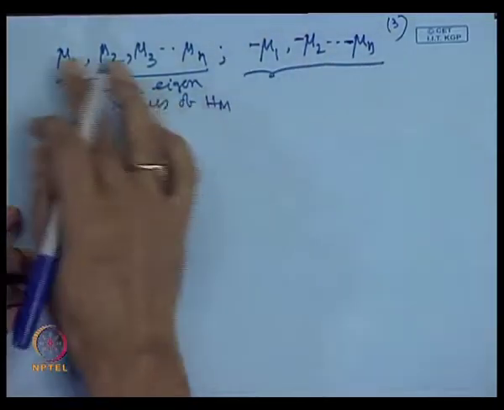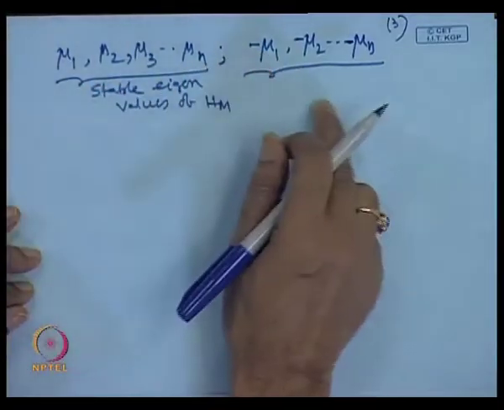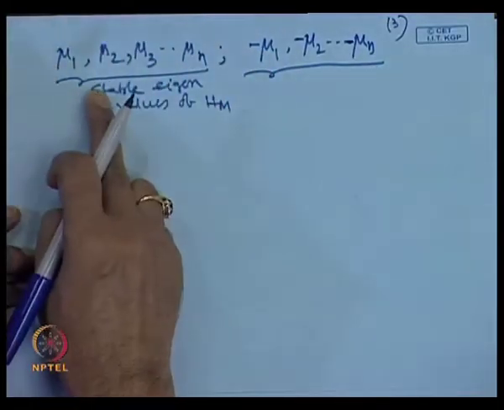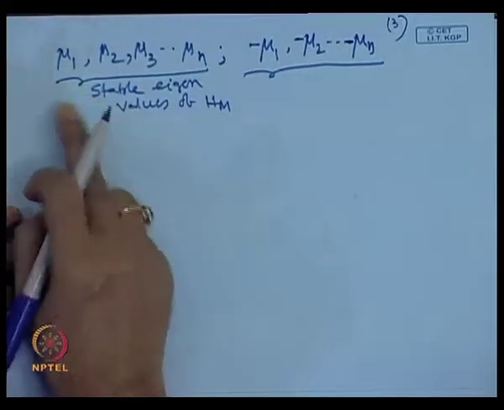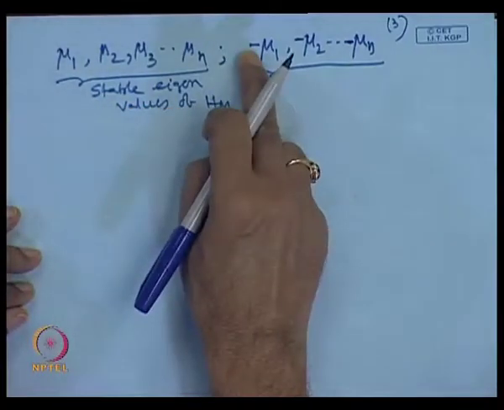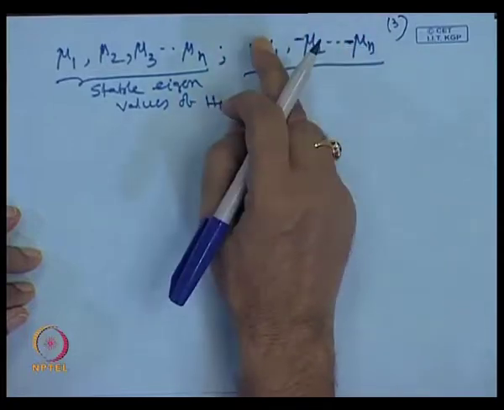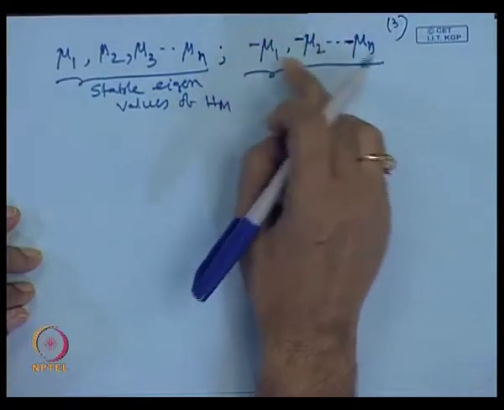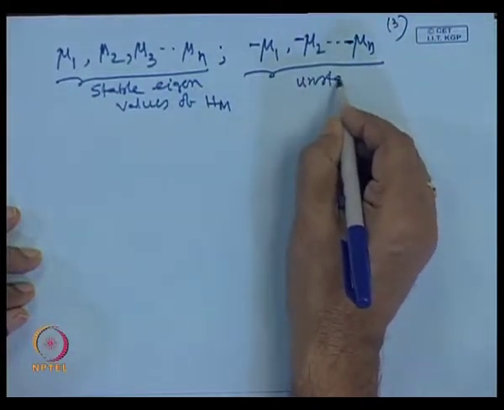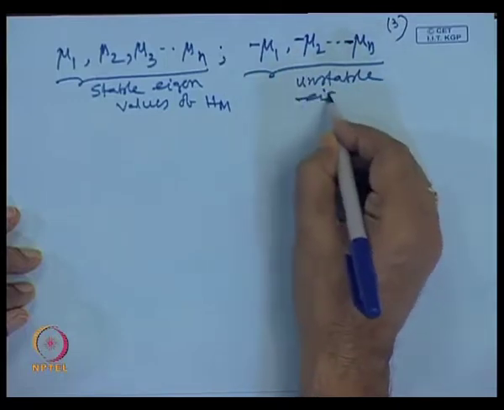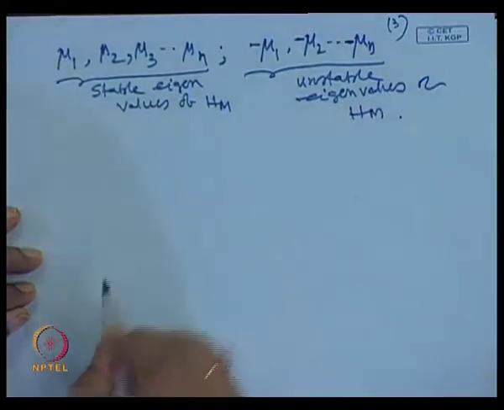Since the other set is preceded with a minus, it will be unstable, because stable means the real part of the eigenvalue has a negative sign, and preceded with negative means a positive sign. So the real parts of these eigenvalues are positive, that means unstable eigenvalues of the Hamiltonian matrix.